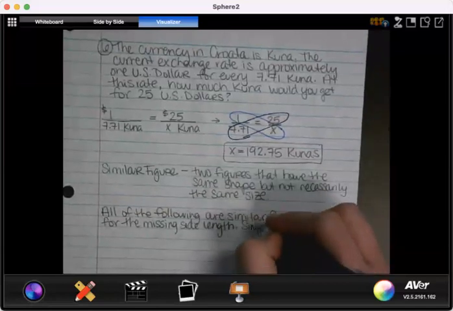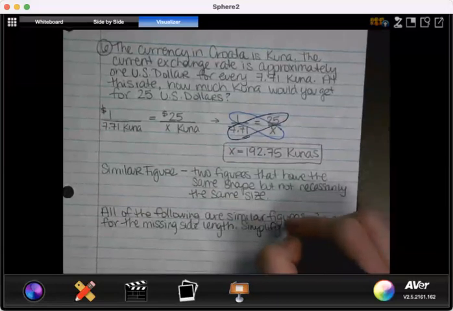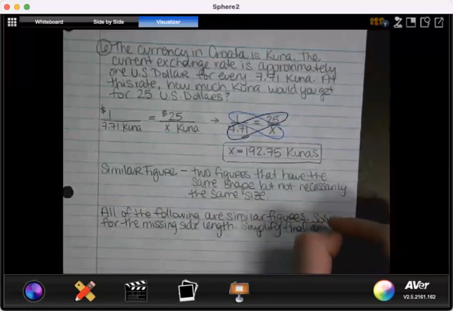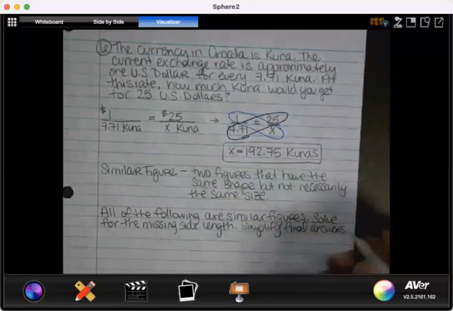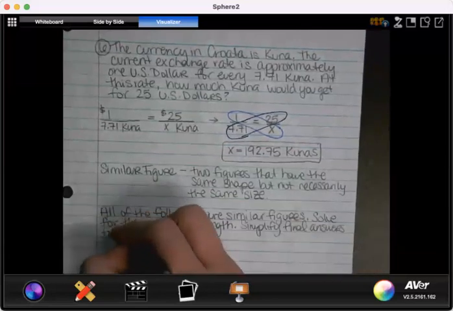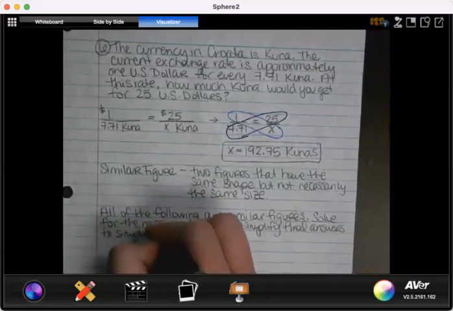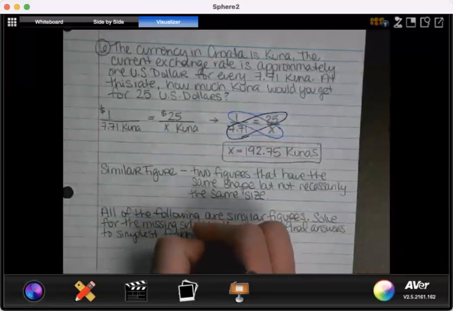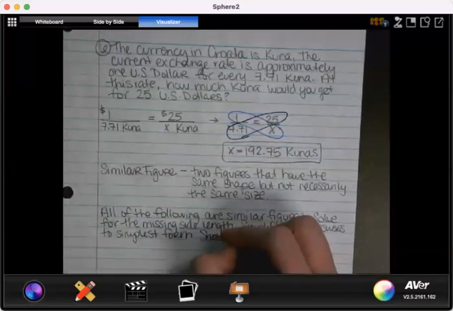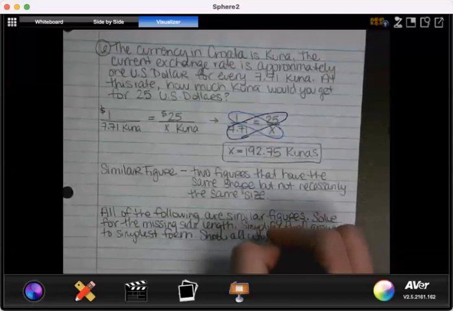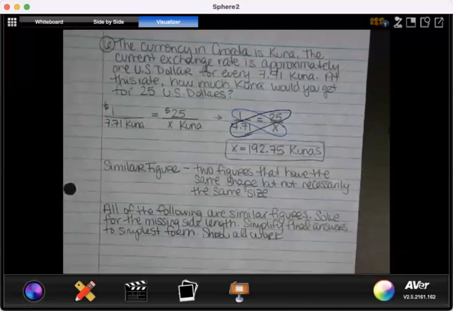Simplify final answers to simplest form. And always show all work, just like any other problem.